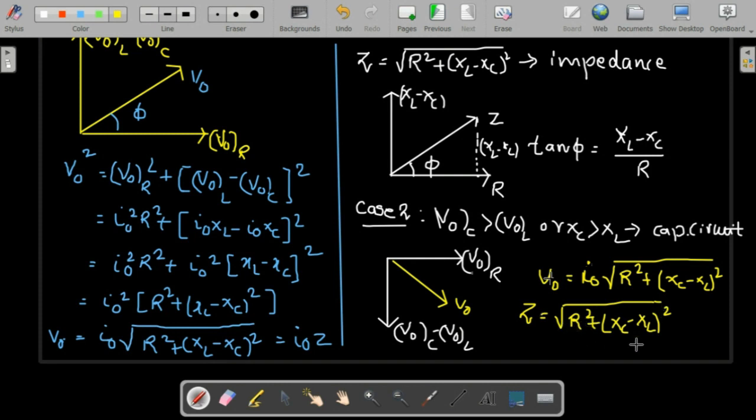Now again, whether you take XL minus XC or XC minus XL, since it's under square, this is not going to affect the impedance. So what does it mean? Whether you have V naught C greater than V naught L, or V naught L greater than V naught C, in both the cases, the impedance is going to be the same.